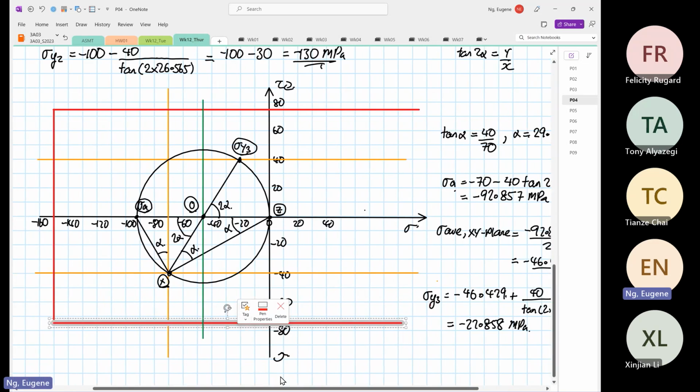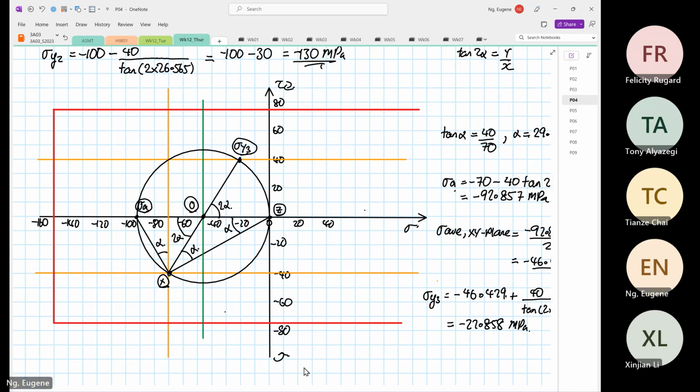Okay, so this is the Mohr circle. So this Mohr circle is very interesting, right? It touches the 3 points, point X, point Y, point Z. So this circle shows that it's possible to have one circle to represent 3D Mohr circle. Okay, so you can see, right? So this circle represents the XZ plane, which is out of plane.